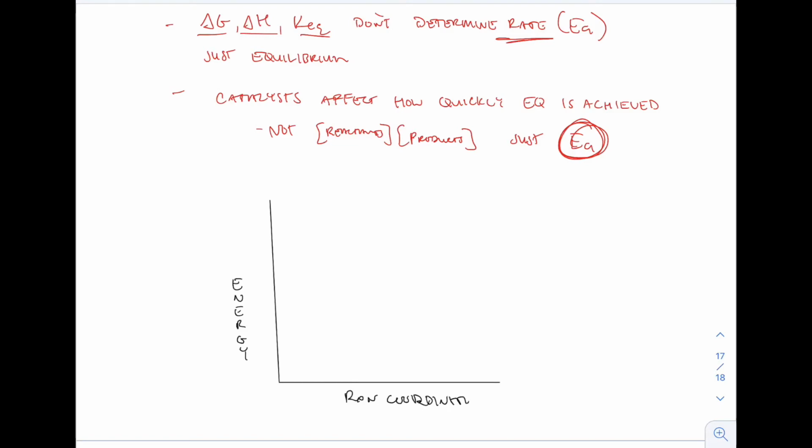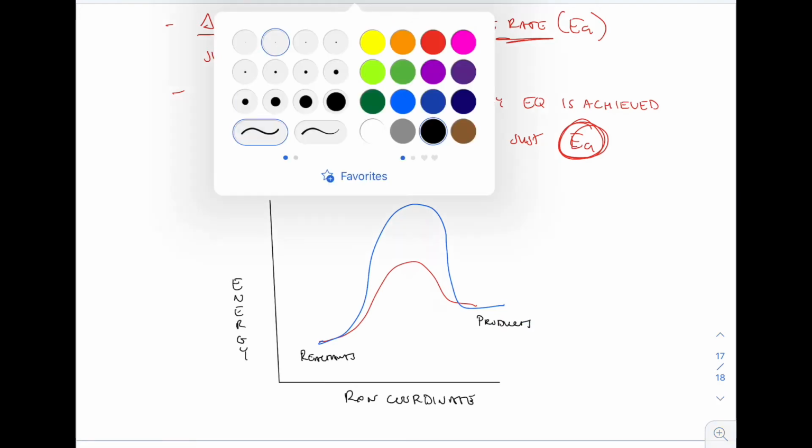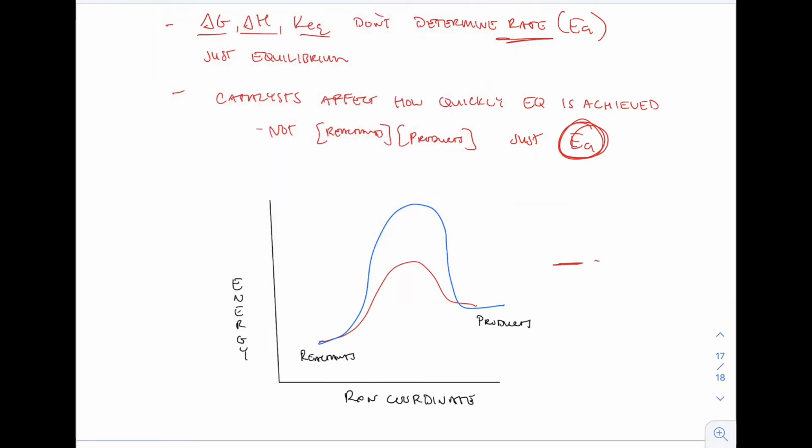Okay, so what I want to draw for you is an energy diagram for a given reaction. And whoops, let me make these, the reactants and the products are going to be the same thing in this case, okay? So we have a red reaction and a blue reaction. That red reaction is a catalyzed reaction, and then the blue reaction, or diagram, I guess, is the uncatalyzed reaction, okay?